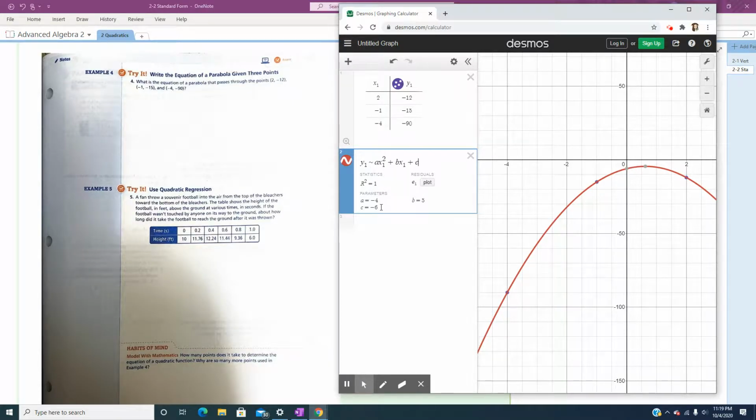Now this a, b, and c value, those are my coefficients. So when it says write the equation of the parabola, I'm going to record these values. A is -4, b is 5, and c is -6. So I'm going to come over here.